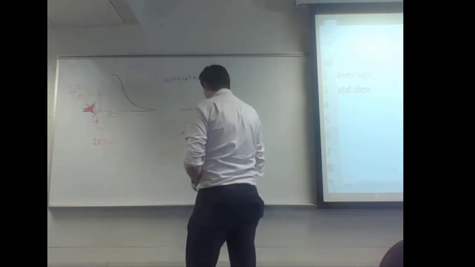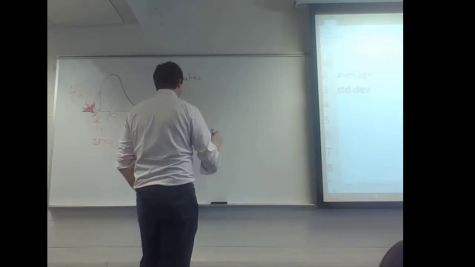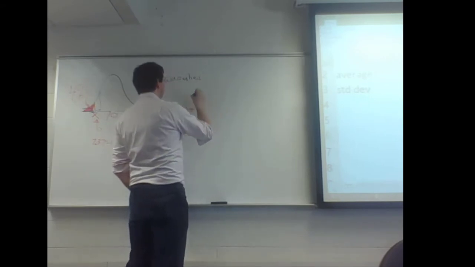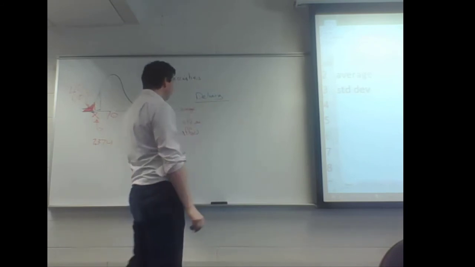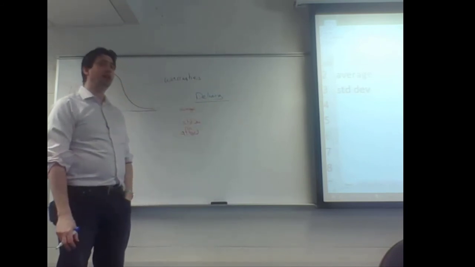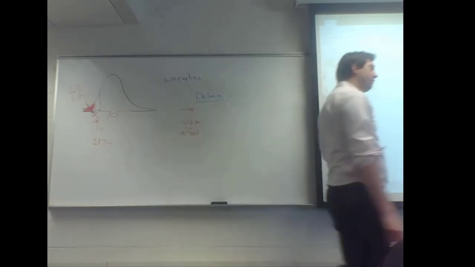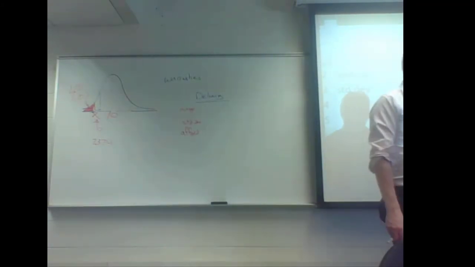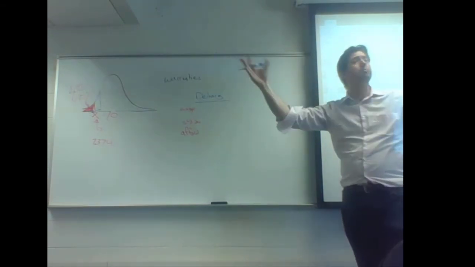Let's do another one. I'm going to do a slightly different version that I have in the notes for this one, just to make sure that we are all on the same page. Let's do delivery. So let's imagine that you work for a shipping company and you want to offer a guarantee for your shipping. It's a shipping company, the ships that take months to travel from different places.